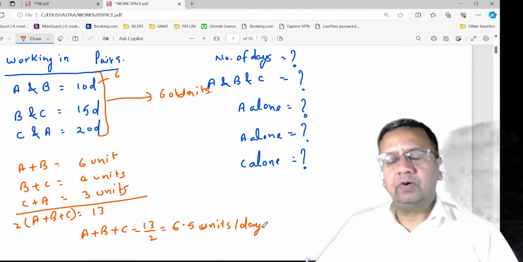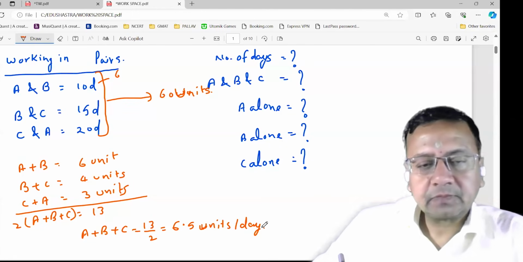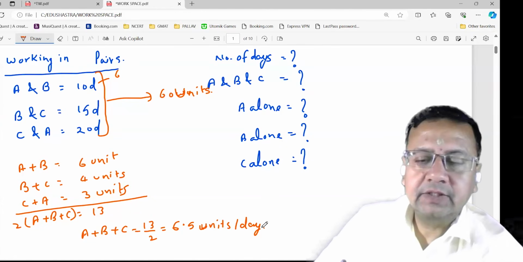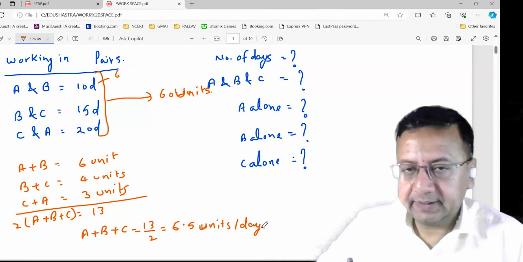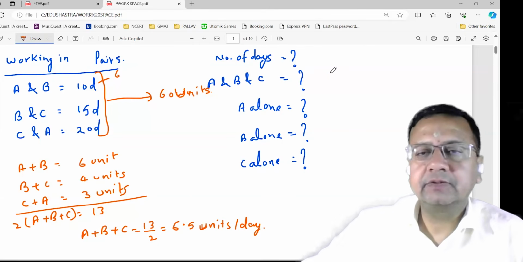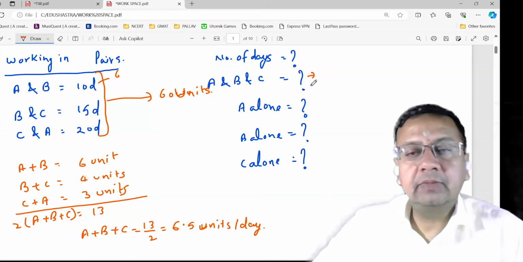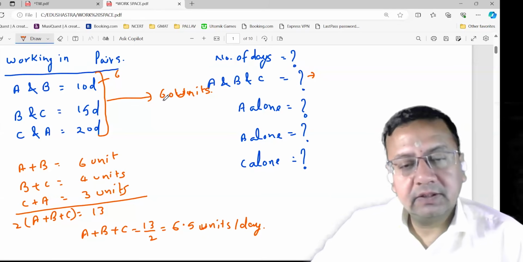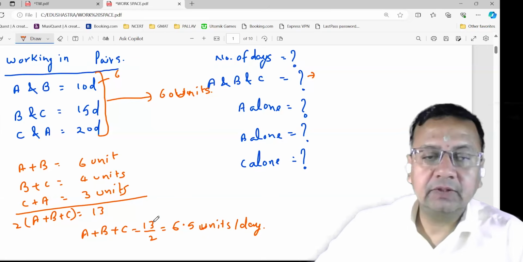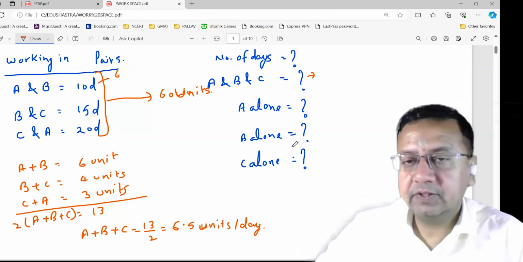If all three are working together, they will finish 6.5 units per day. Done? So in the first case, A, B, and C all work together. How many days are required? Total work is 60 units, and they are doing 13 by 2, or 6.5 units per day.